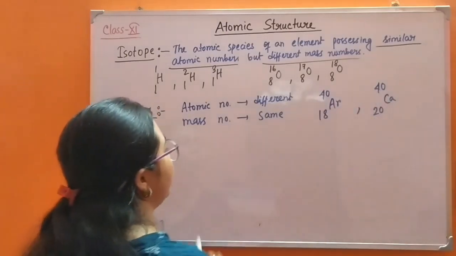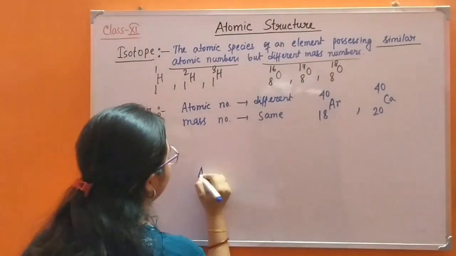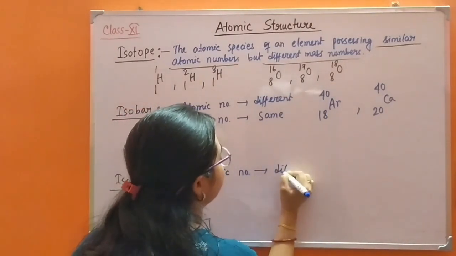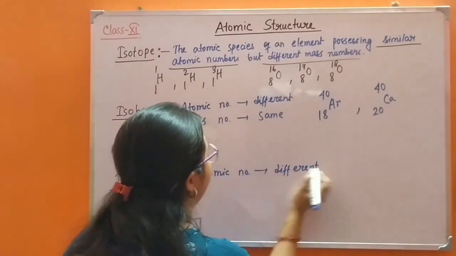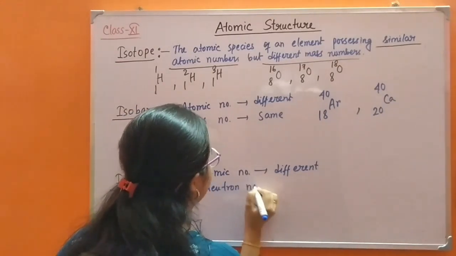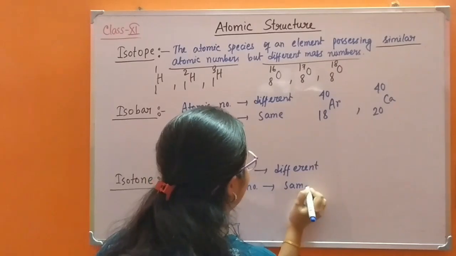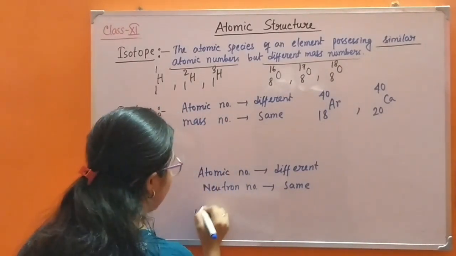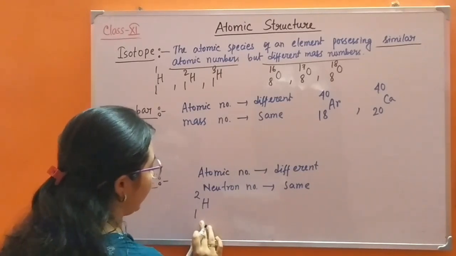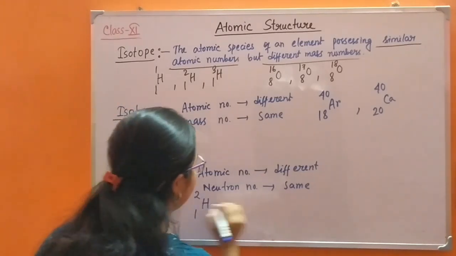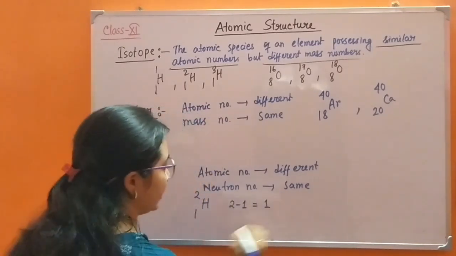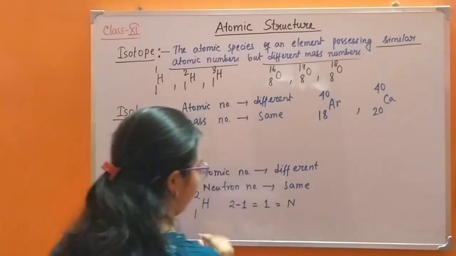These are isobars. In the case of isotones, atomic number is different but neutron number is the same. For example, one isotope of hydrogen is deuterium. Here atomic number 1 and mass number 2, and number of neutrons is 2 minus 1 equals 1.